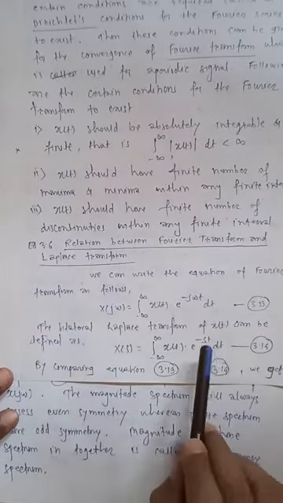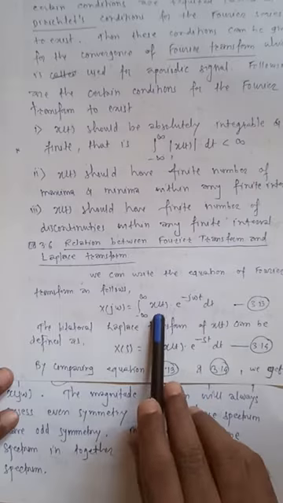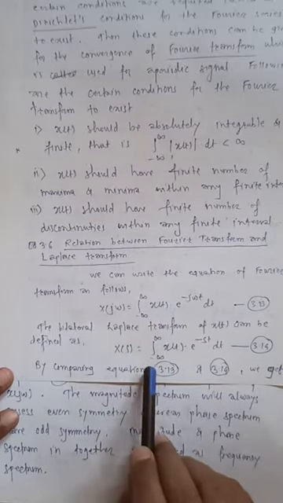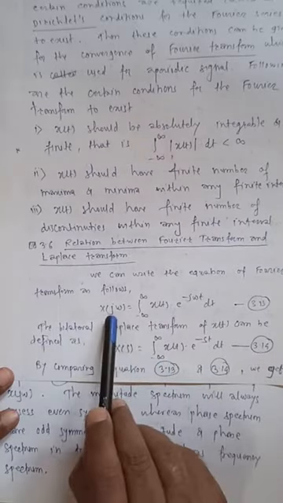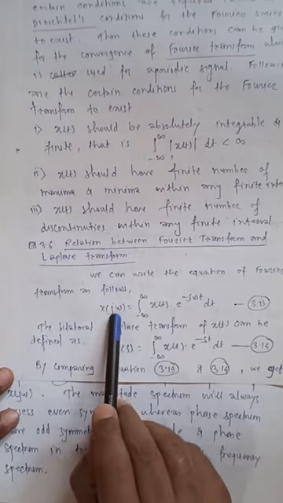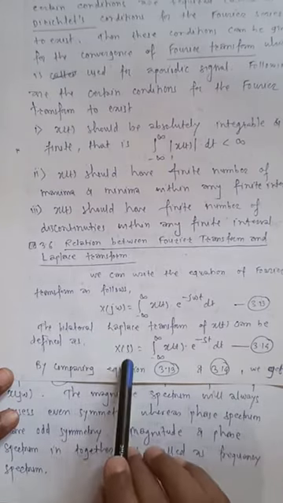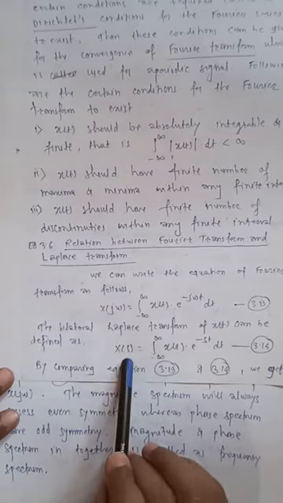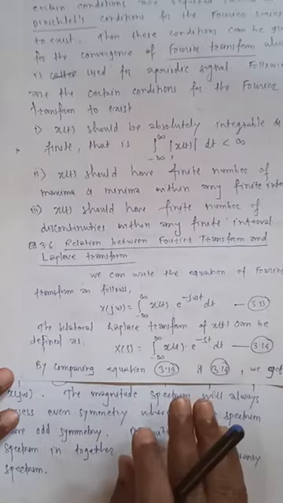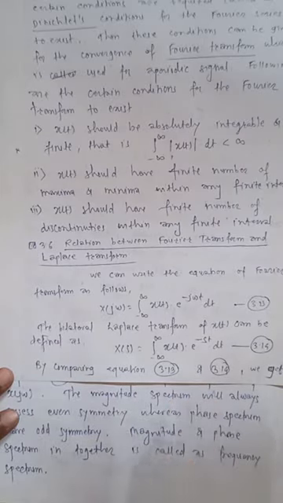The bilateral Laplace transform of x(t) can be defined similarly. Omega is used for representation of the Fourier transform; in place of j omega, s is used for the Laplace transform. It is also called the Laplace domain, or sometimes the S domain.